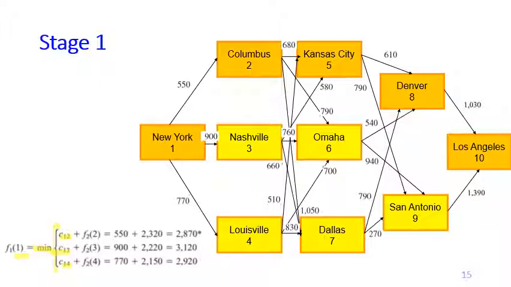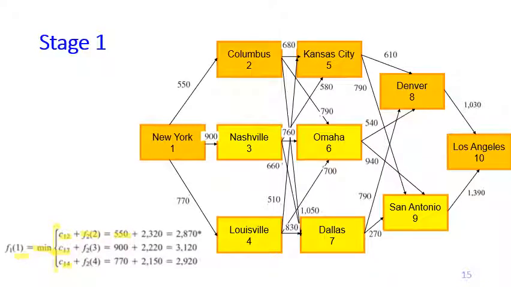So the decision with the smallest distance here is going from New York to City 2, which is Columbus, and then the distance from New York to Columbus is 550, but do not forget to add the distance from Columbus to Los Angeles, and that is represented by F22.